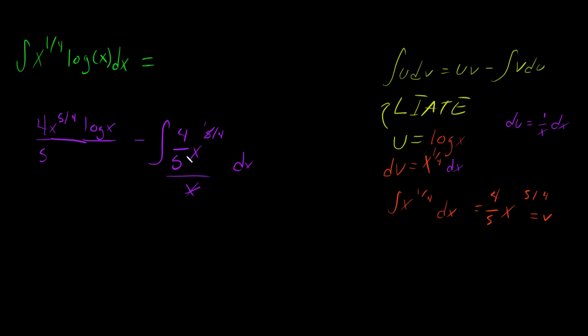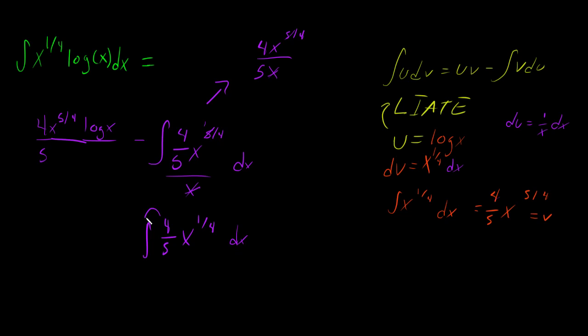This is just 4x to the 5/4 over 5 times x. Okay. So you can cancel out the x by just subtracting 1 from the exponent. Like if you had, for example, x squared over x, this is just x, essentially. It's just simplification. Okay. So this is equal to 4/5 x to the 1/4 dx.